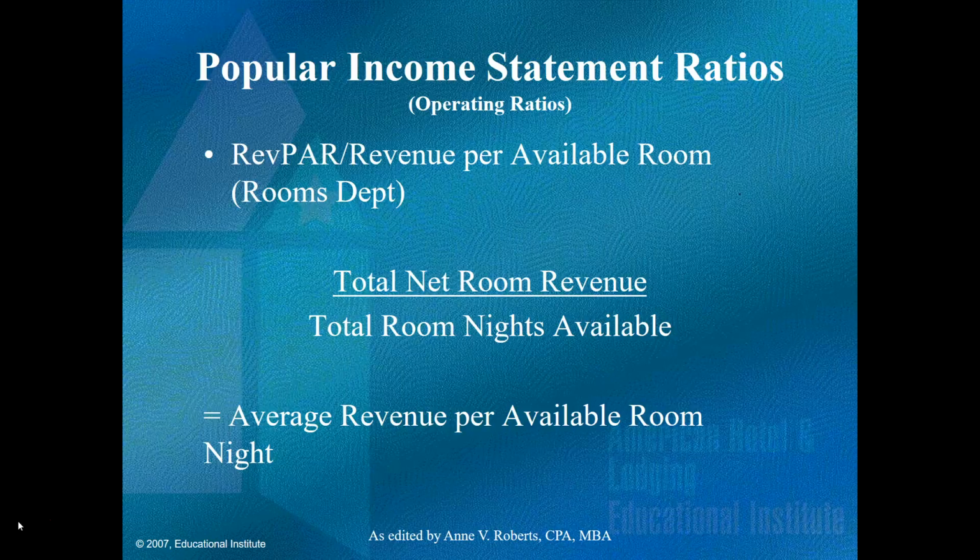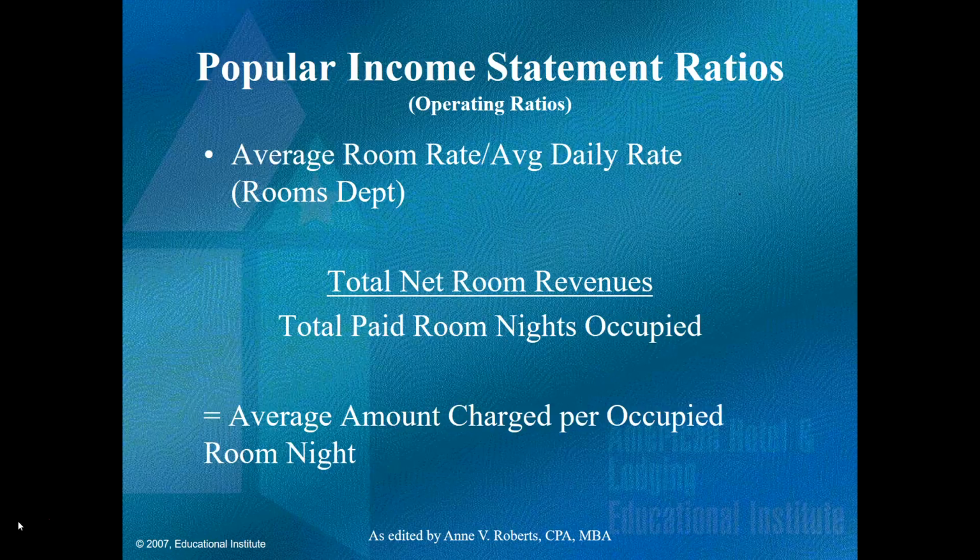You said all is going to be lower than what? This ratio is always going to be lower than the one that we just looked at, your average room rate, because we're using the same numerator, total room revenues. But this one, rooms occupied, is going to be a lower number than rooms available.